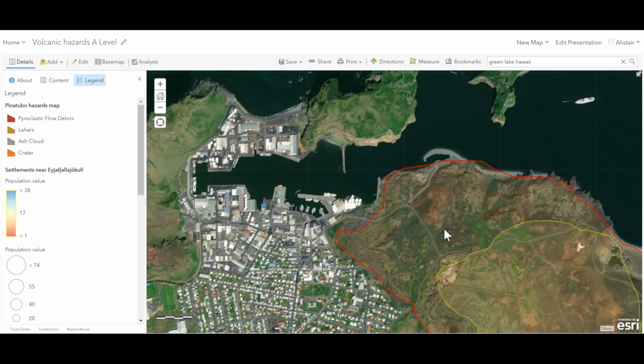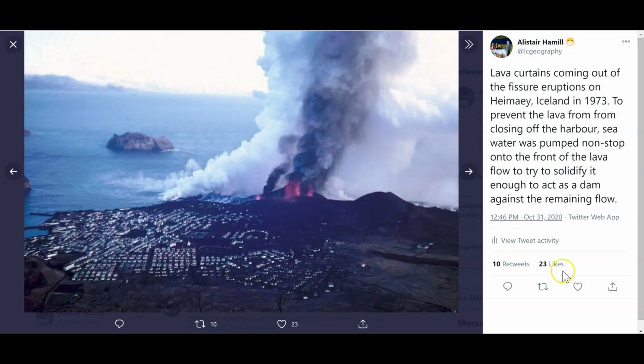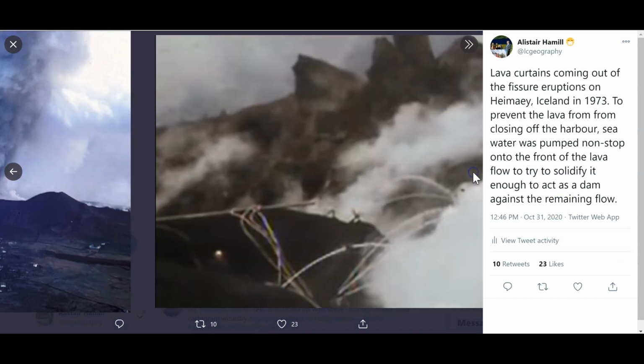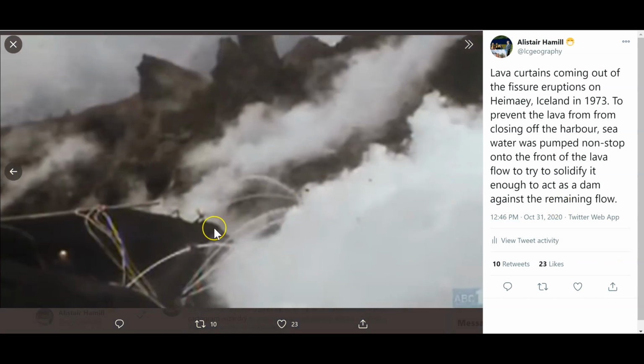So how do you stop a lava flow? Well, the short answer is not easily, absolutely not easily, because they weren't able to do that in Kilauea, but they were able to do something pretty special here, because they pumped vast quantities of seawater onto the front of the lava flow here to try to get it to solidify and act as a kind of natural dam to stop the rest of the lava coming behind it.